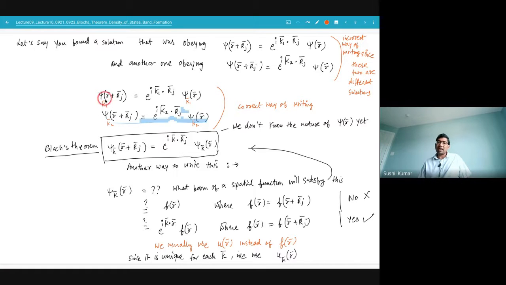So you have all these solutions, k1, k2, k3, k4, k5, all the way to whichever k you want to choose. That's why we start using this label as a subscript, psi sub k. Psi sub k1 will be different than psi sub k2. They're not the same thing.